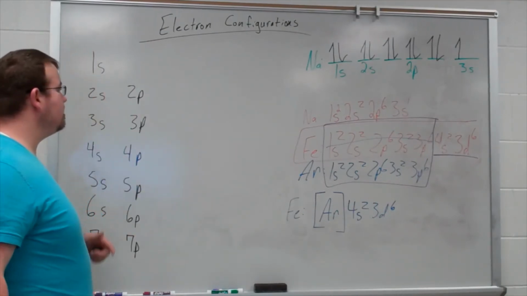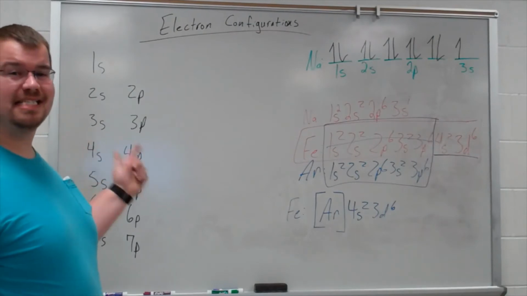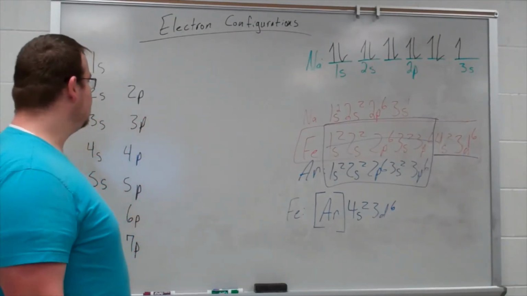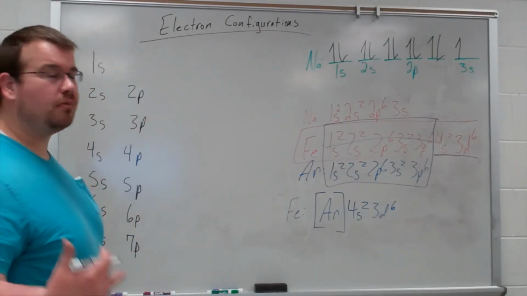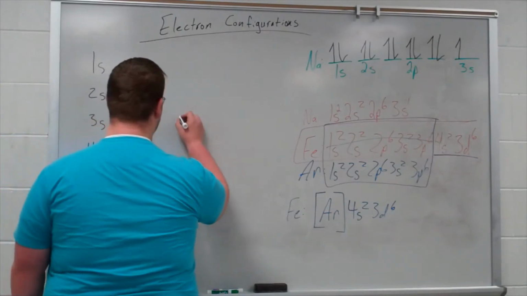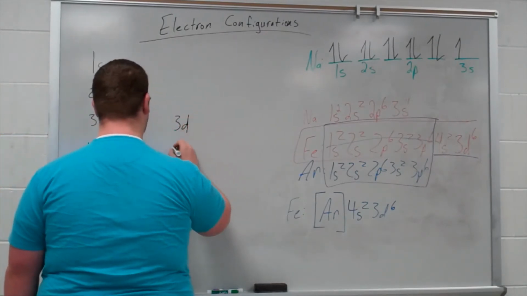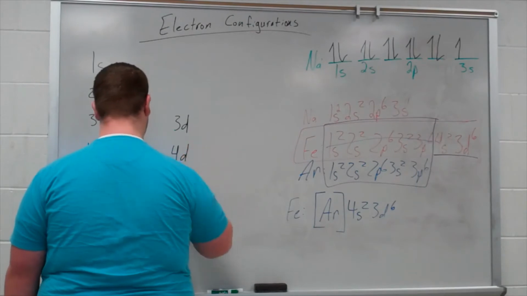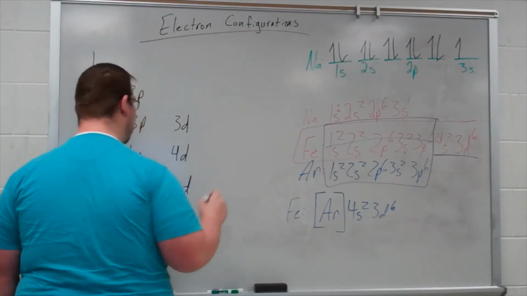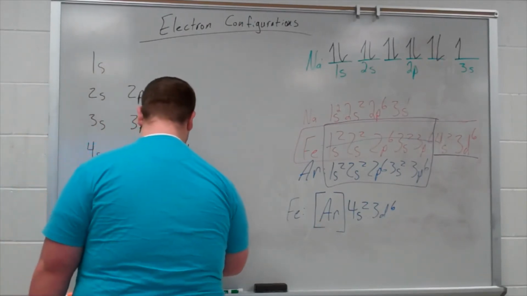In this case, you go now to D. We're going to make a D column. The D column doesn't start at 2, the D column starts at 3. So 3D, 4D, 5D, and it ends at 6, so 6D.